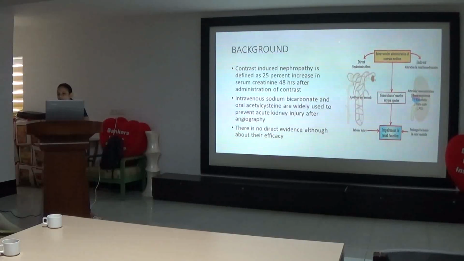Was the contrast use different for normal kidney function? No sir, it was the same. The issue is that if your kidney is normal, you have a decreased risk of apoptosis, necrosis and generation of reactive oxygen species. But if you are already compromised, it becomes one of the risk factors for contrast-induced nephropathy.